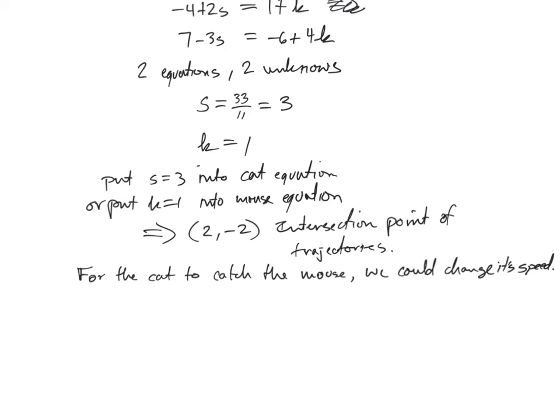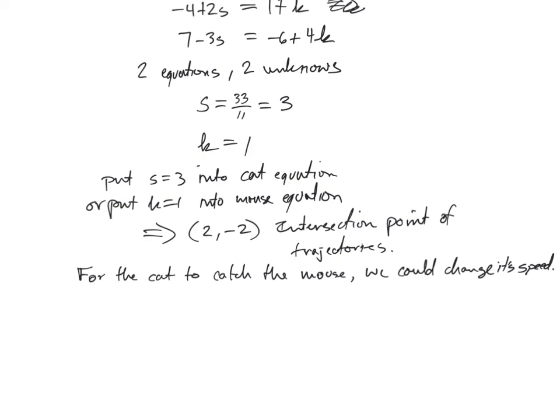But we know that for the cat to catch the mouse, it's going to do it at the intersection point, which we found to be 2, -2. This still stays the same, right? The intersection point stays the same, the trajectory stays the same. All that's going to change is the velocity of the cat. Well, that vector that's parallel to the line of the trajectory of the cat, we can interpret as the velocity.